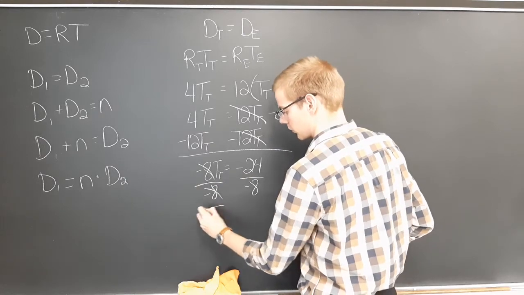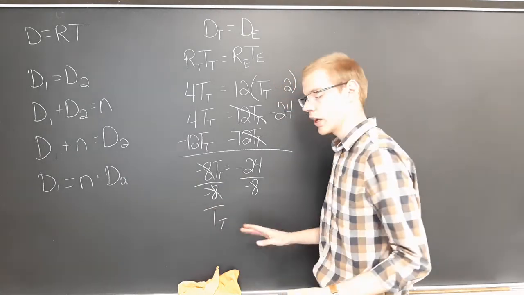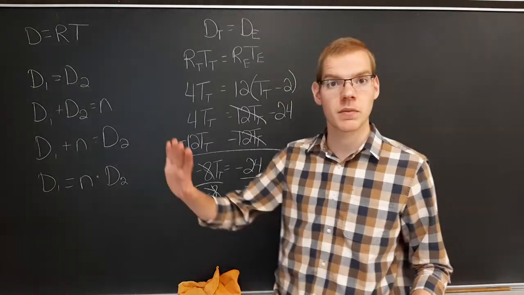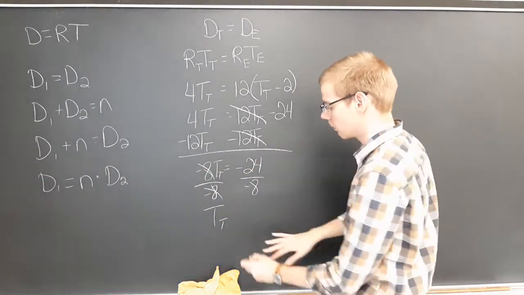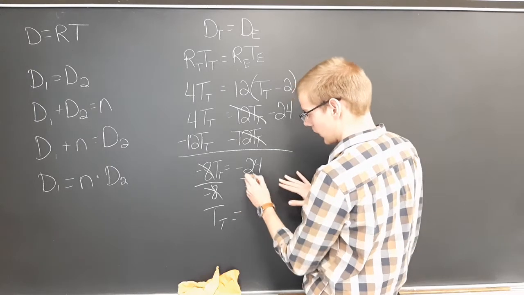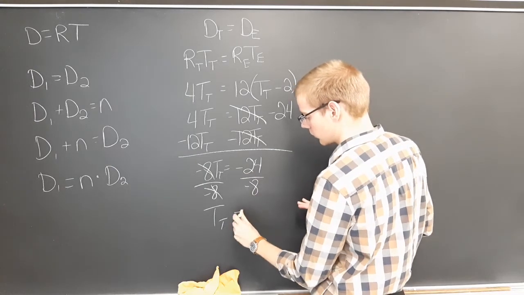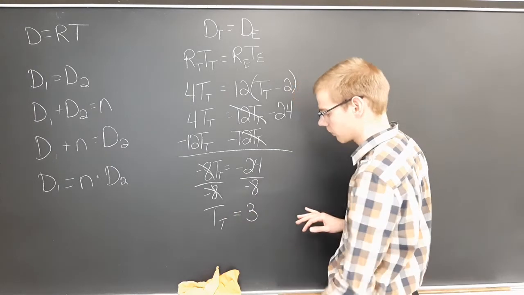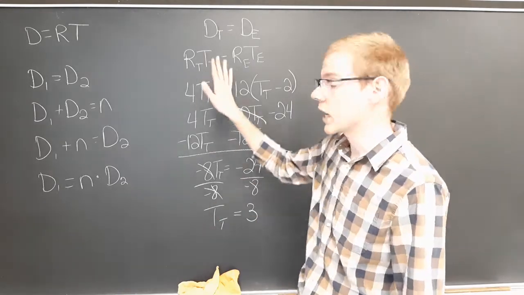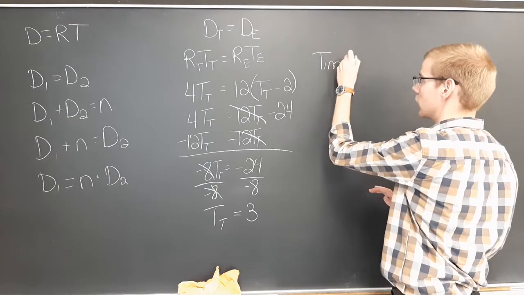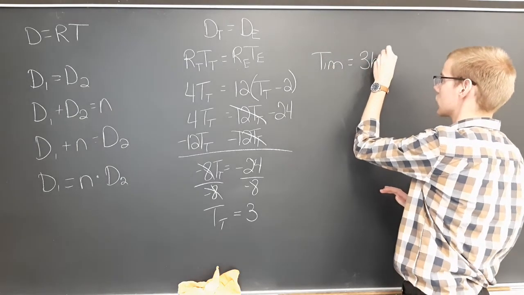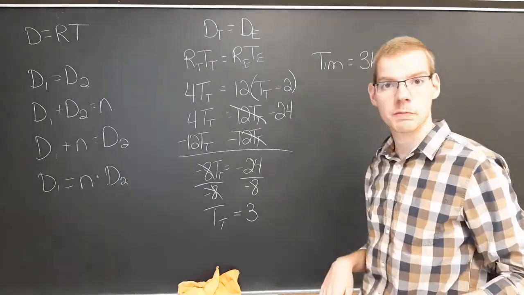And we have Tim's time, and here it actually does matter because Erica's time was 2 hours less. Tim's time is -24 divided by -8, which is 3. So it took Tim 3 hours to walk all that.